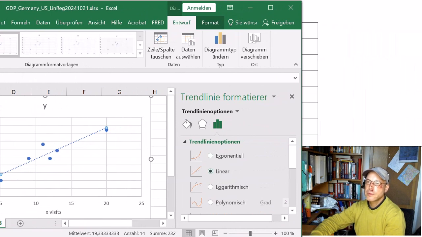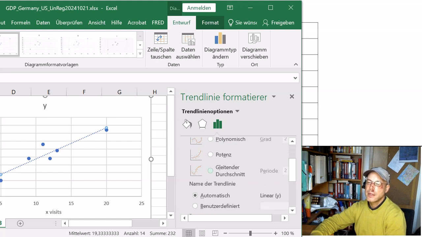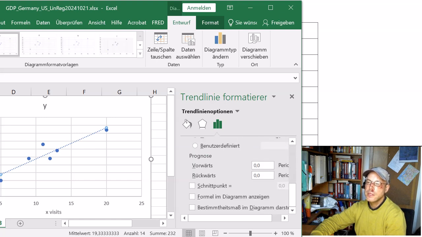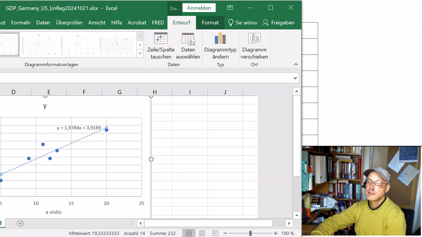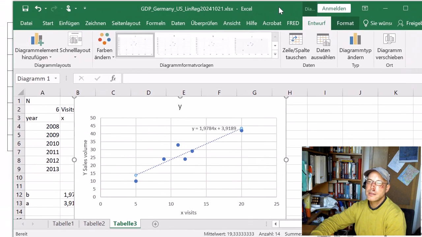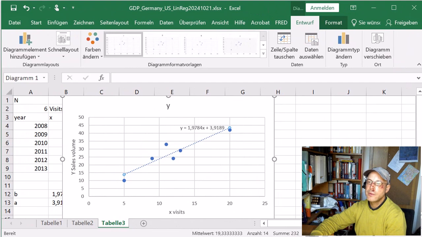Then you can choose what kind of dependence you assume. We are assuming a linear dependence here, and we also want to see the numbers we are calculating, so showing formula, and what we get is our regression line, which is shown in our diagram, and here also let's put it a little bit larger.